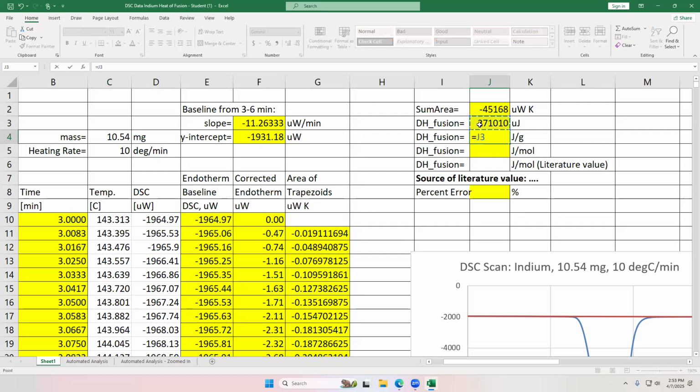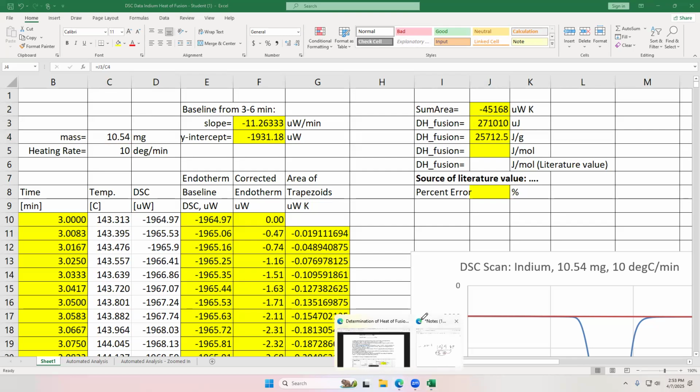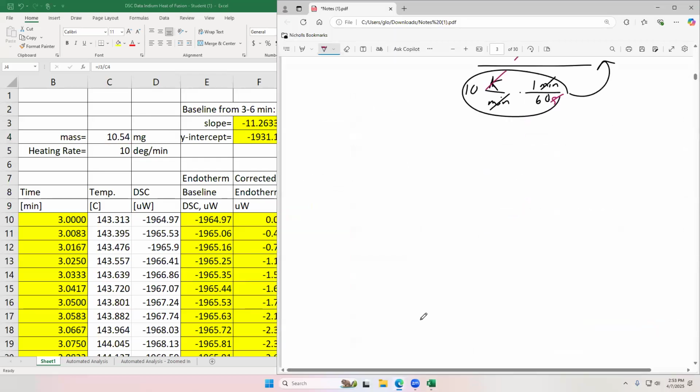So delta H fusion, that's microjoules per milligram. How do you convert microjoules per milligram to joules per gram? Microjoule per gram is 10 to the negative 6 joules over 10 to the negative 3 grams, so it ends up being 10 to the negative 3 joules per gram.